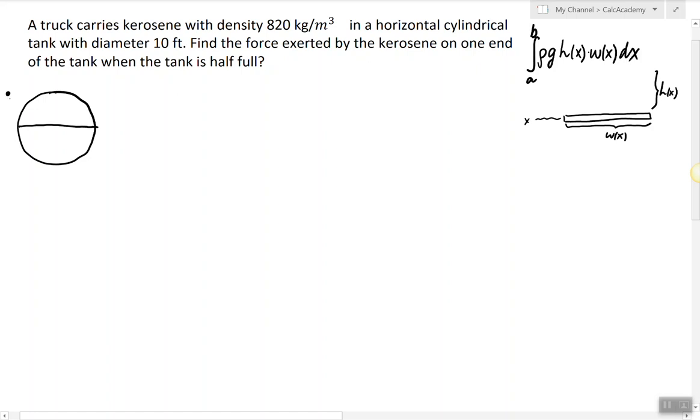We are going to assign the only coordinate axis to point down and start at the top of the tank, and let's pick some arbitrary level x, and then h of x will be the depth, which in this coordinate plane can be expressed as x minus 5.